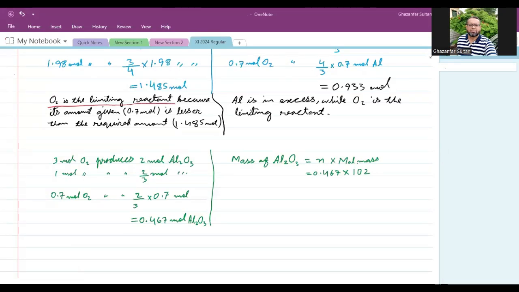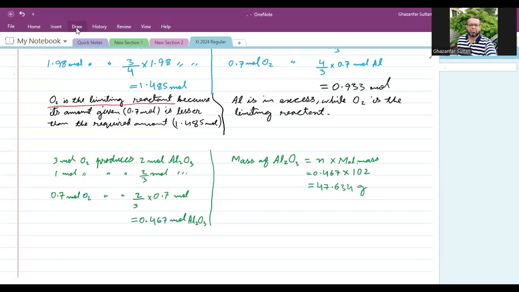So the mass that we have calculated here is 47 point... 1 minute. I think I have made a mistake. No, it is correct. 47.634 gram. So this mass of aluminum oxide is produced.